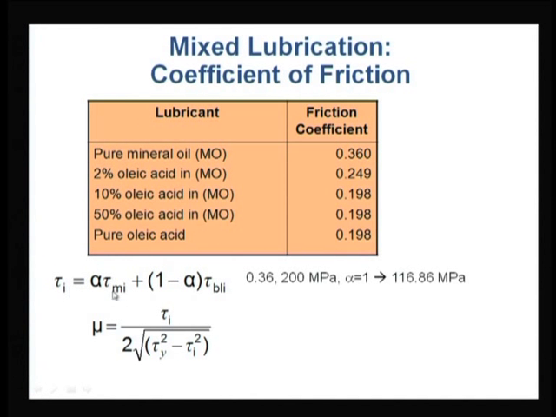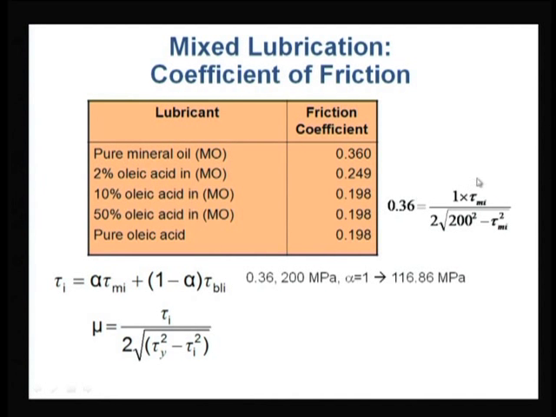Instead of writing tau I, I can write tau mi divided by square root of tau y square minus tau mi square. If you use this relation, 0.36 is equal to, with alpha equal to 1 over here, tau mi divided by the same square root of 200 square minus tau mi square.